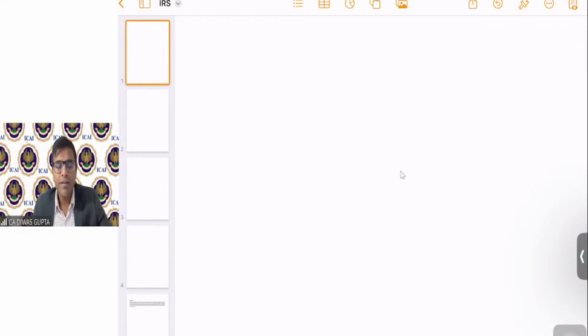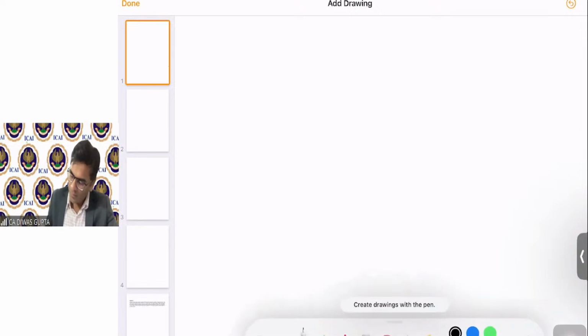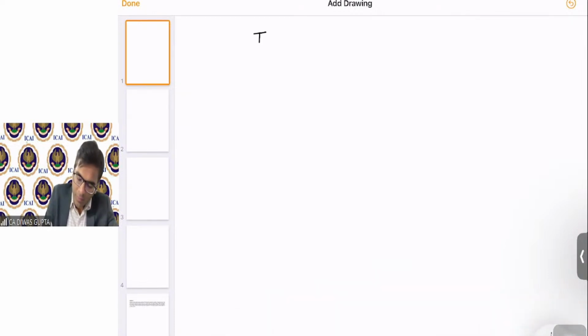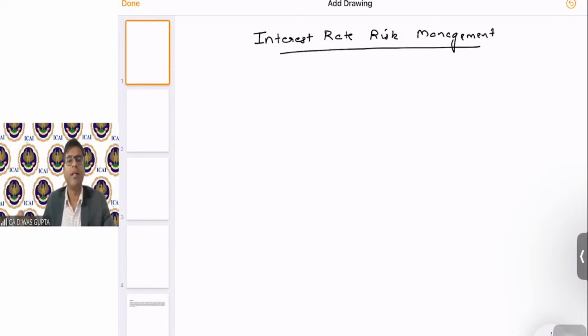Today we will be starting our discussion on interest rate risk management. So, students, to start with, on interest rate risk management, we first need to understand why is interest paid?